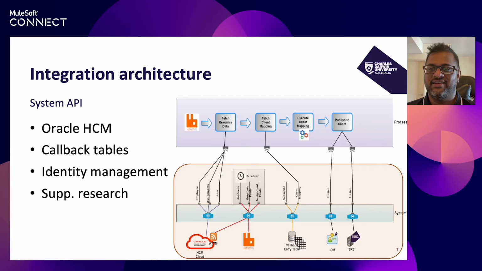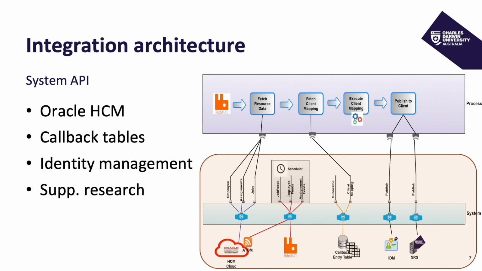Okay, so let's get into the fun bits now, starting with the integration architecture. The highlighted portion in this diagram represents the system API layer of our solution. The systems in action here are Oracle HCM naturally, and the Oracle database tables, which has the callback registration tables.